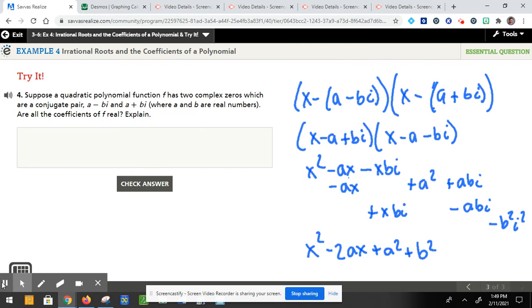There's no imaginary numbers left. So what we're getting at is, again, imaginary numbers work just like irrational ones, in the sense that if one is a root, the conjugate is also a root. If it weren't, we would have ended up with some imaginary coefficients, which would have basically meant it doesn't work. All right, so let's take a look now at example 5.